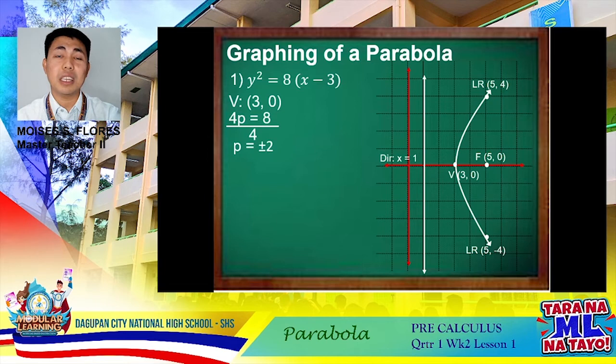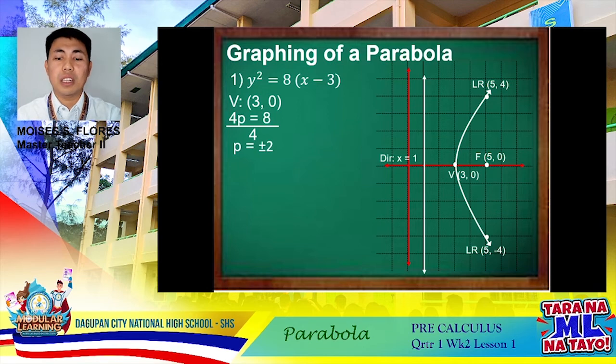Because a directrix is a fixed line. And the equation of your directrix is x equals 1. So again, before we proceed to the next example, when we graph a parabola, we need to find first the coordinates of your vertex, the length of your latus rectum, the value of your 4p, and the value of your p.